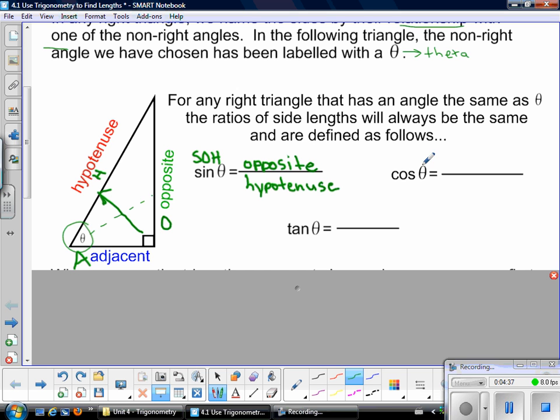Then if we look at cos, the short form for cosine, CA, what we use for that is adjacent over hypotenuse.